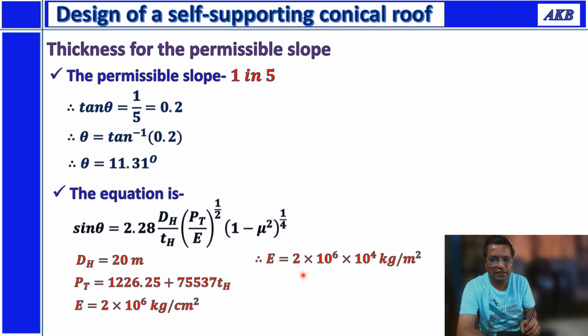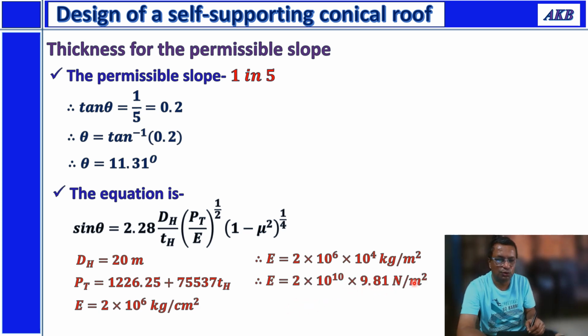That will give us E as 2 into 10 to the power 6 into 10 to the power 4. Now this is kg per meter square. Centimeter square is converted to meter square by multiplying with 10 to the power 4. Now kg will be converted to Newton by multiplying with 9.81, acceleration due to gravity. Therefore E will be 2 into 10 to the power 10 into 9.81, that will be Newton per meter square.